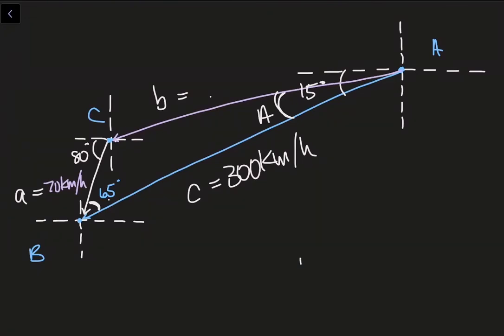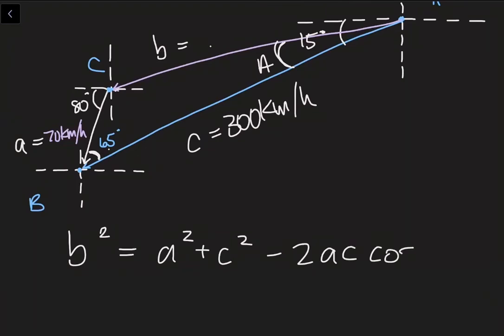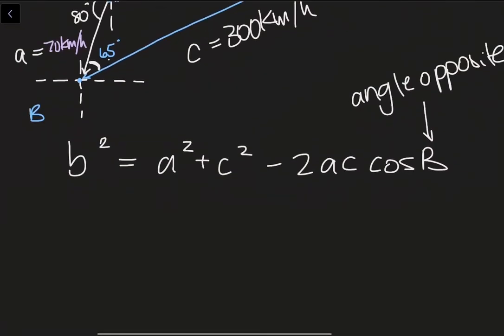So now my cosine law is going to look like b squared equals a squared plus c squared minus 2ac cosine b, where this is the angle opposite to the side that we're looking for. So the letter names don't really matter as long as you have two sides and an angle between them. Okay, so let's solve for b.